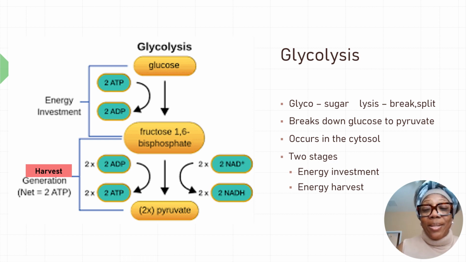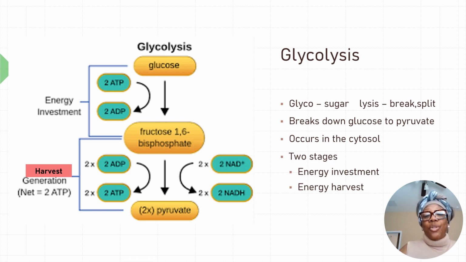Now, even though I tell you that the whole cellular respiration process takes place within the mitochondria, technically it's not until after the pyruvate is formed that we are officially into cellular respiration. This precursor stage, which is very closely linked, glycolysis, does not occur inside the mitochondria. It occurs within the cytosol of the cell.